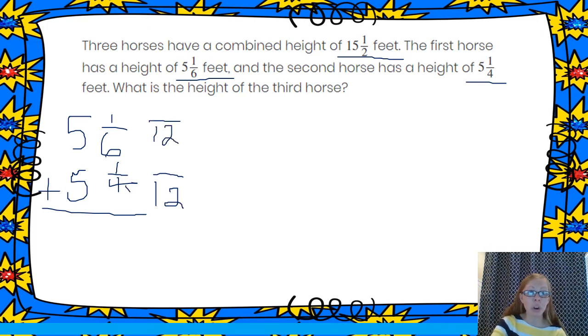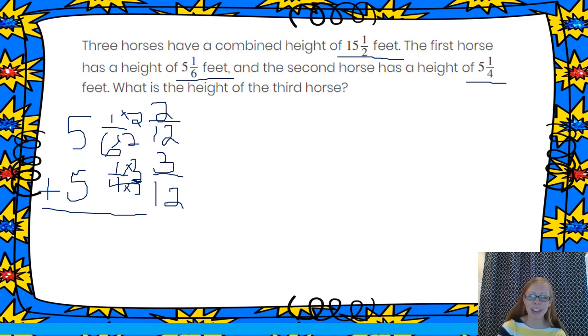I know that 4 times 3 gives me 12. So I'm going to multiply the numerator times 3 as well to give me 3/12. 6 times 2 is 12, so 1 times 2 in my numerator will give me my equivalent fraction, 2/12.